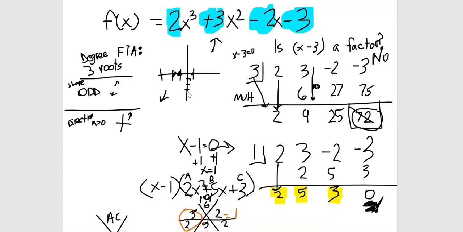So now, just knowing the end behavior, I know it's going to have to start from down here. When we go from left to right, it's going to start from the bottom, go up through that first x-intercept of negative 1.5, turn, go back down through the next intercept of negative 1, cross over the y-intercept, and go back up through the last intercept of positive 1, and then continue going up in that direction.